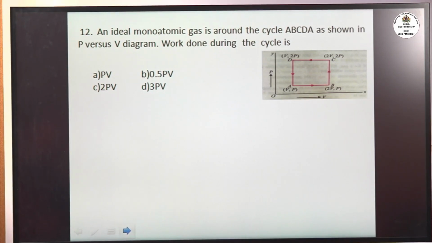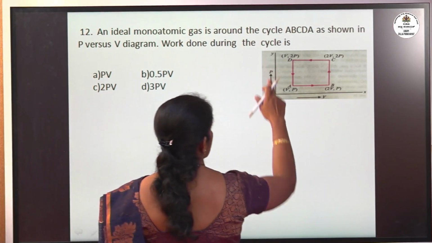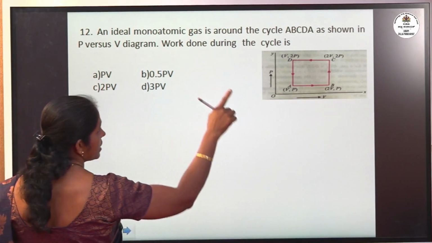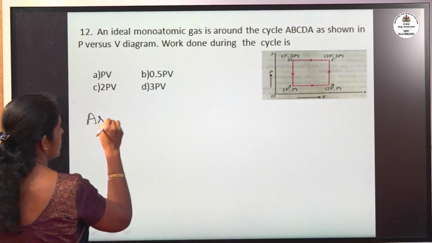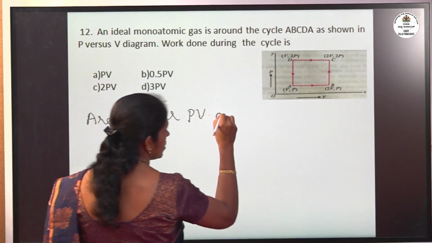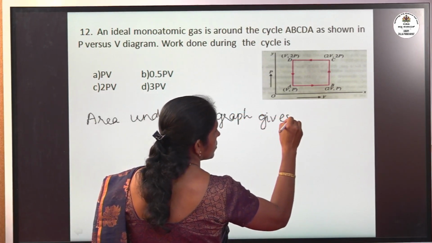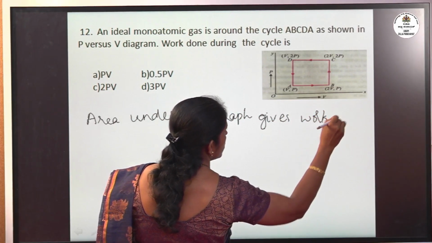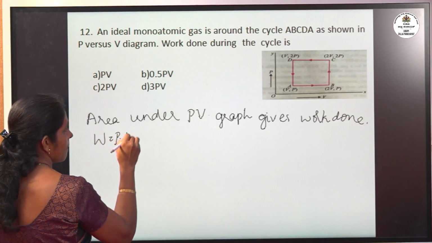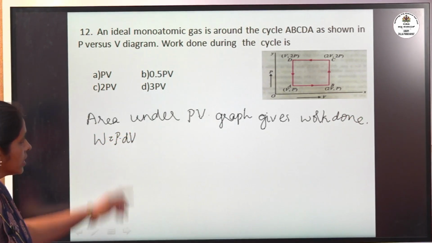The work done during the cycle is, say for the complete cycle in a PV diagram, the area under the PV graph gives the work done, because work done is given by PdV. P is pressure, V is volume.